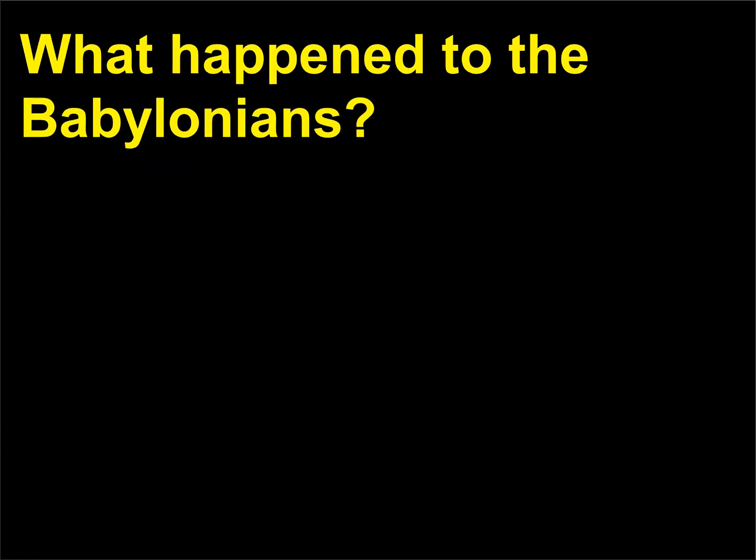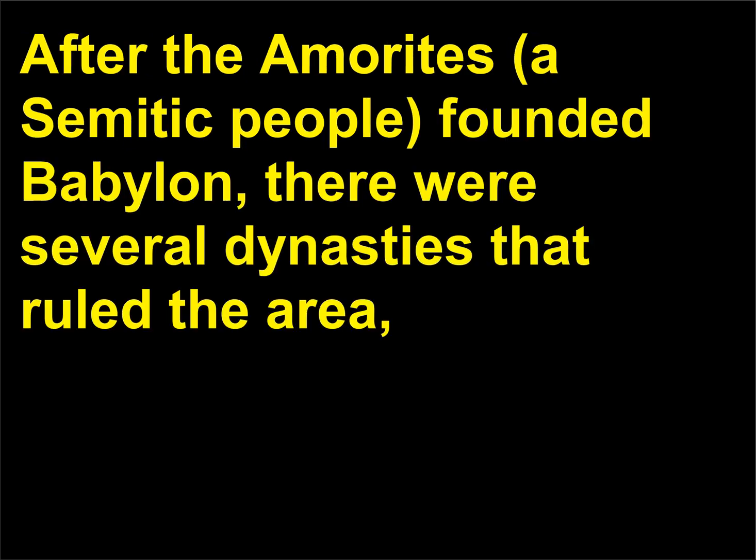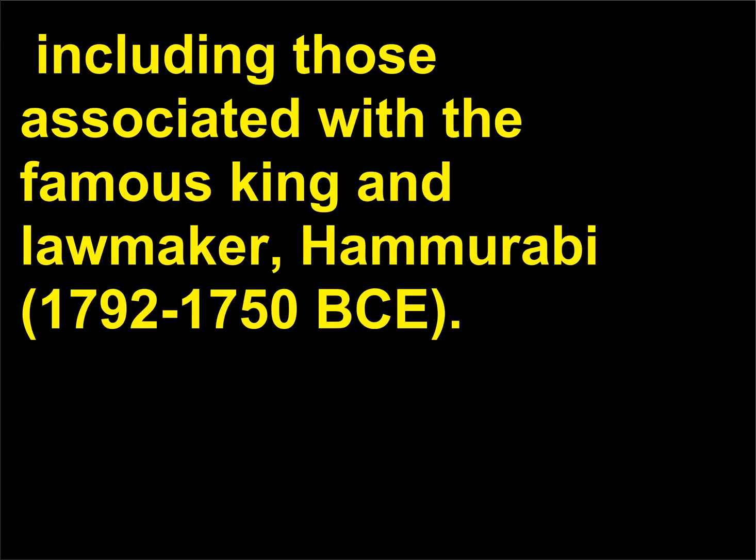What happened to the Babylonians? After the Amorites, a Semitic people, founded Babylon, there were several dynasties that ruled the area, including those associated with the famous king and lawmaker, Hammurabi, 1792 to 1750 BCE.